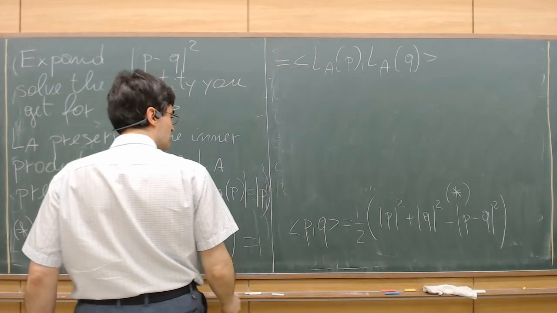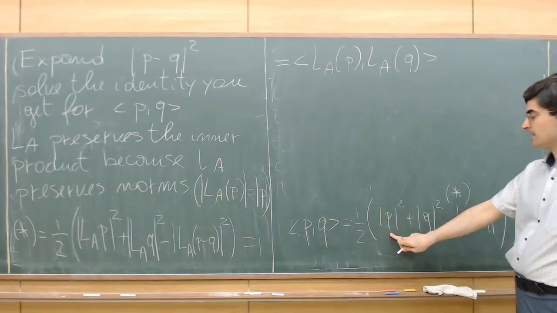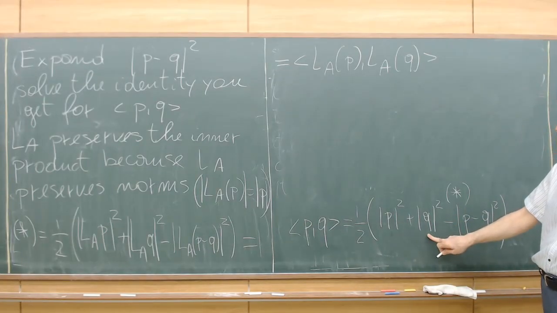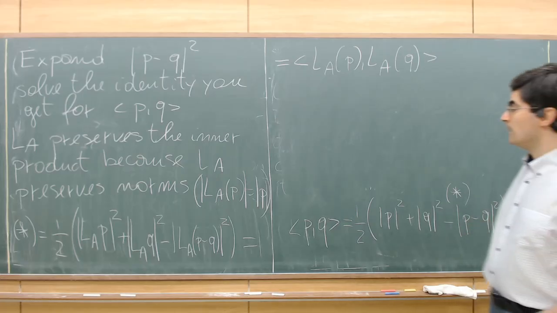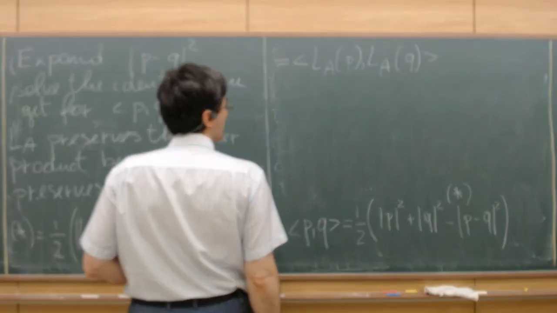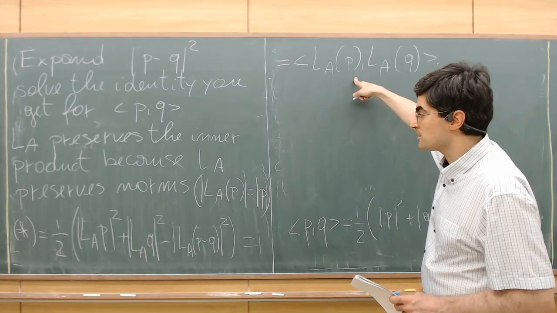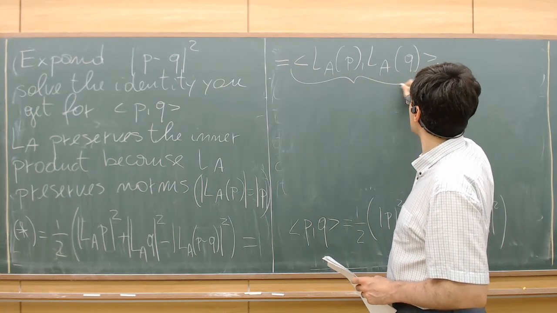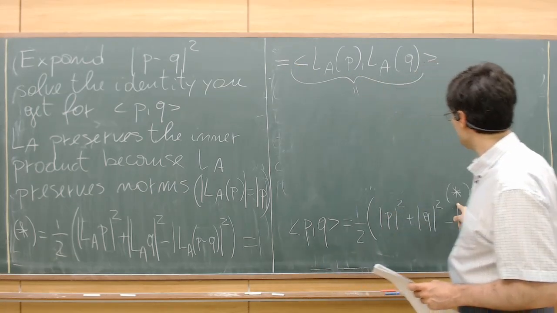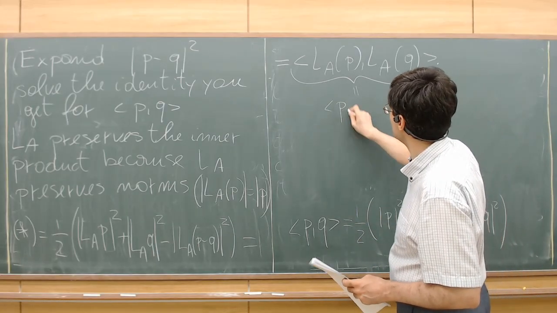I am using this formula where P has been replaced by LAP, Q has been replaced by LAQ, and P minus Q has been replaced by LAP minus LAQ. Okay, so this proves that LA preserves inner products. Why? Because this one is equal to star, but star is equal to this one. So this is the inner product of P and Q.